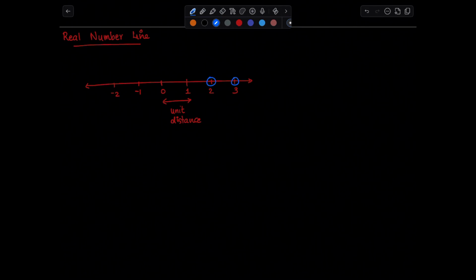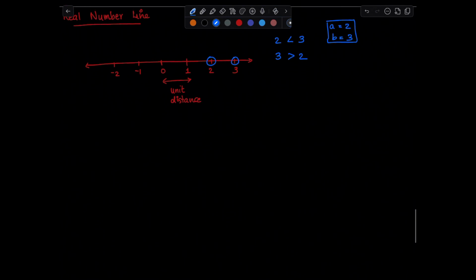So if we pick any two arbitrary numbers, let's say A and B, from this number line, if A was to the left of B, then it means that A is smaller than B, and we represent that using the less than symbol. Likewise, if A were to the right of B, then it means that A is larger than B, and we can represent that as A greater than B.